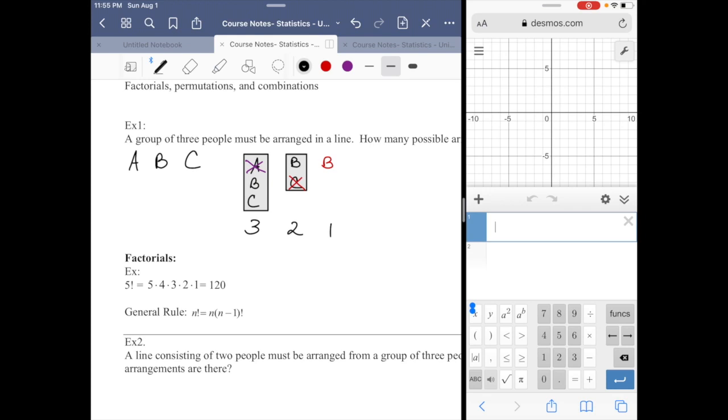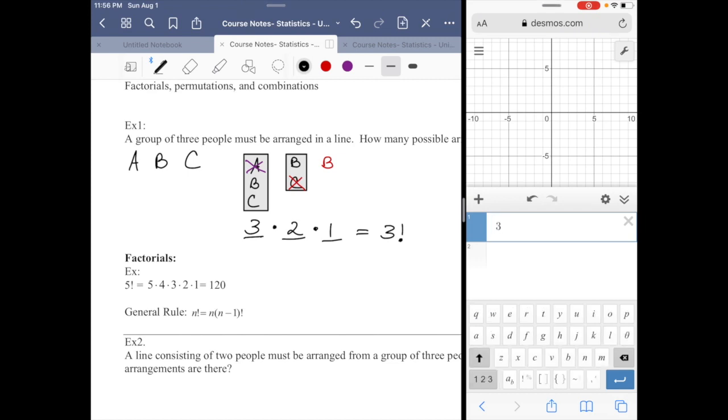That's known as a factorial in the sense that if you take a number and multiply it by consecutively lower and lower values until you get to the number 1, we can represent that as a 3 with an exclamation point and use technology, for example Desmos, to run that computation for us.